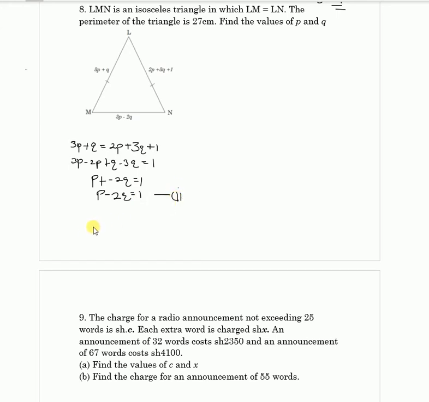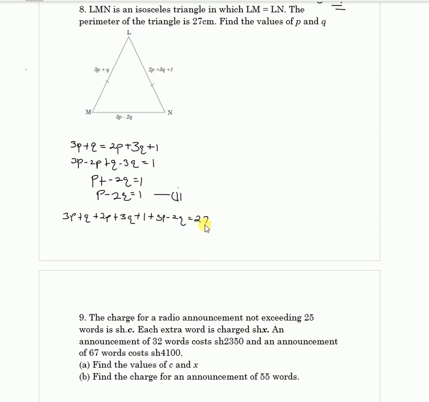Call that equation 1. The other thing we are going to use is the fact that the perimeter is the distance around the figure. So we add this plus that, and they gave us 27 as the perimeter. So the perimeter can be got by getting 3P plus Q plus 2P plus 3Q plus 1 plus 3P minus 2Q.